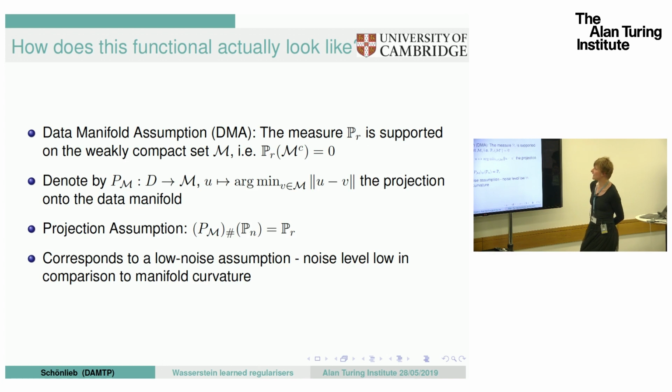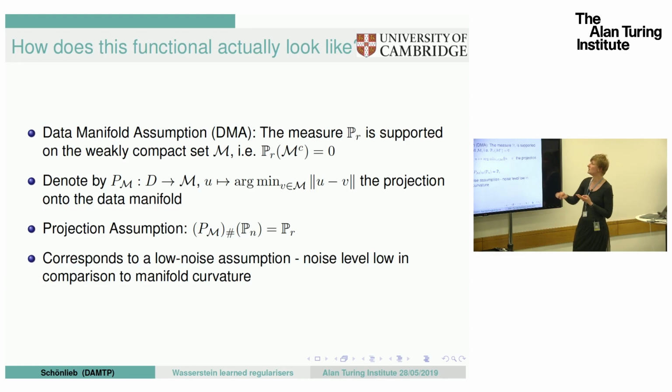The main thing behind what is written down here is that I'm assuming there is a compact set, what is called here the data manifold, a compact set M, which has two roles to play.